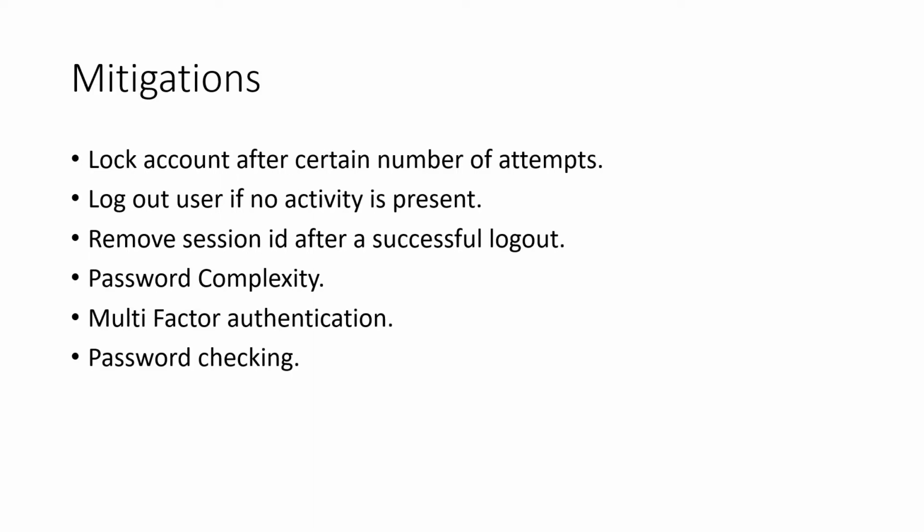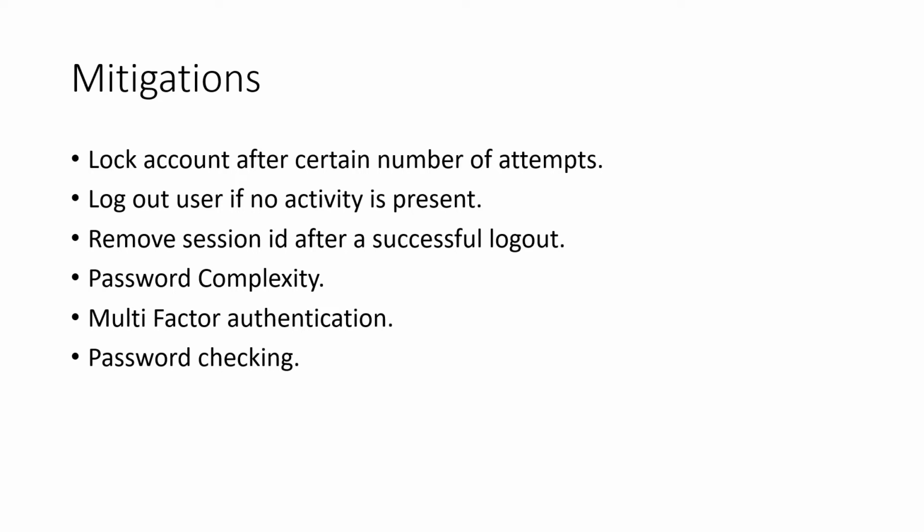We can stop this vulnerability by having proper steps or guidelines for developers as well as for testers to follow before taking the application live. Some of them might be: we can limit the user tries if a user is giving a wrong password or wrong username.